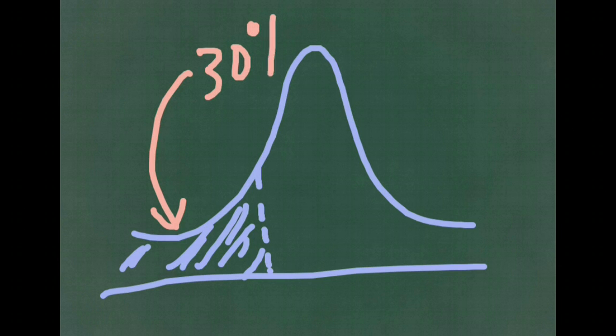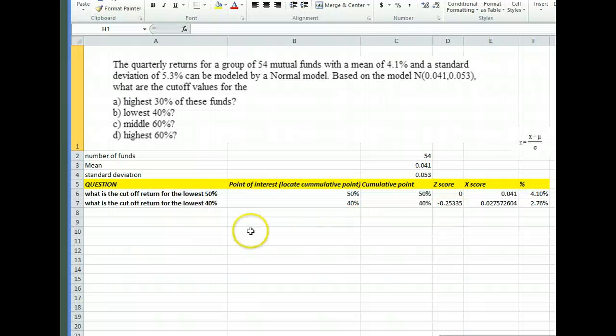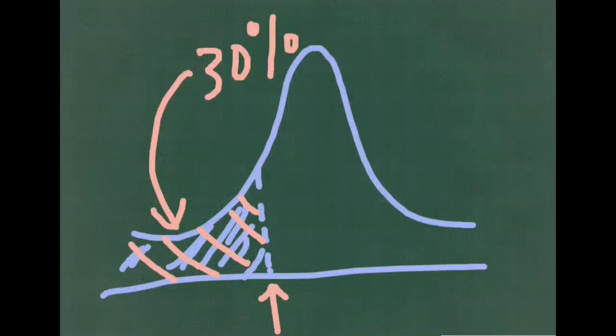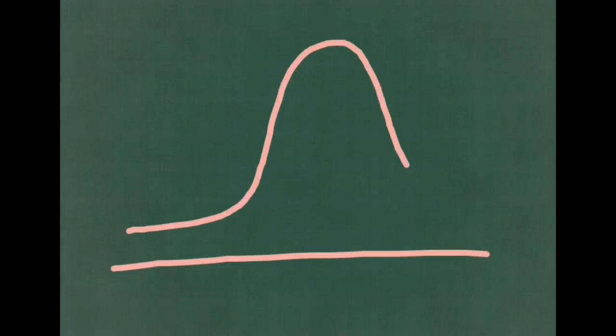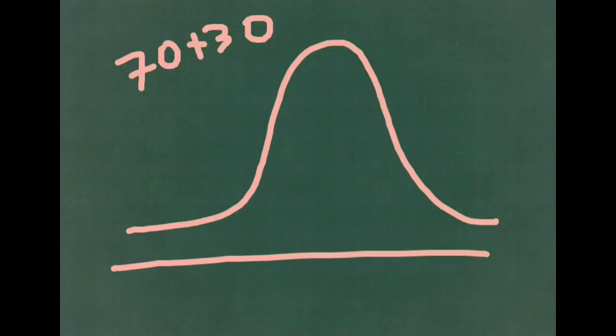Now, the way the question is asked, we are always going to have to translate it to finding the cumulative value below a certain point. Let me see if I can bring that to life. If we wanted to find the highest 30%, it is going to follow 70%.